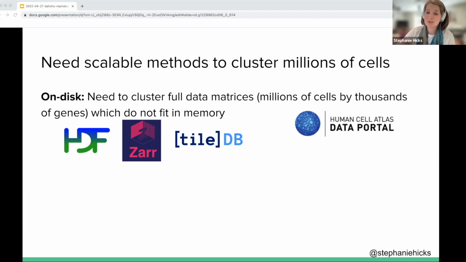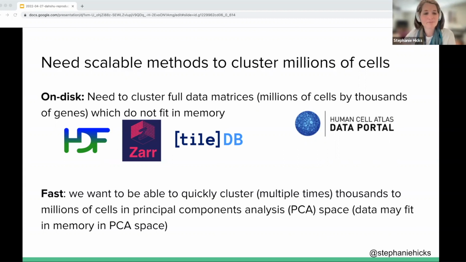So if you go to explore their data and want to download it, these are the file formats that you will encounter, and then you have to figure out how to work with them. We also want these algorithms to be fast, of course. And so here, maybe we want to be able to cluster multiple times, thousands or millions of cells in principal components analysis space, or PCA space.